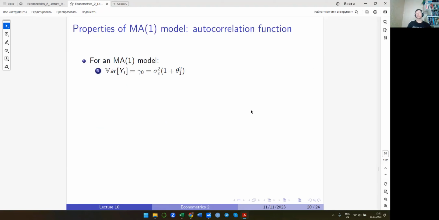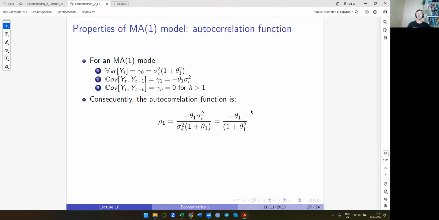And regarding the autocorrelation function, we know what is variance, we know what is covariance, we know that this covariance is 0 for any h which is greater than 1. So the autocorrelation function is this. We take covariance, divide it by variance, sigmas cancel out, and we have minus theta 1 over 1 plus theta 1 squared for the first order, for the first lag.